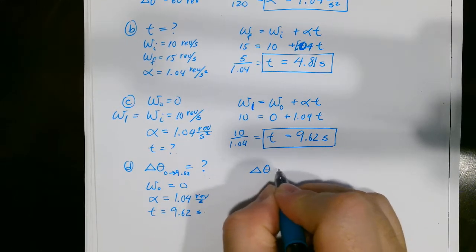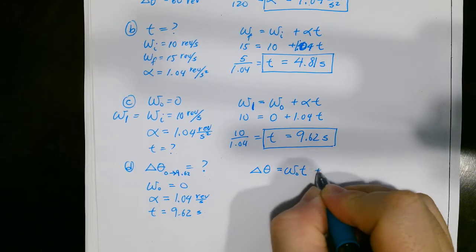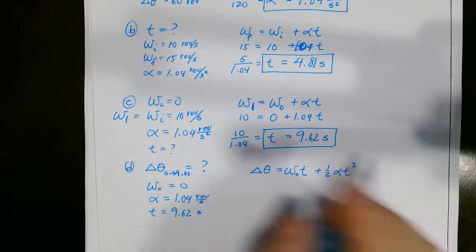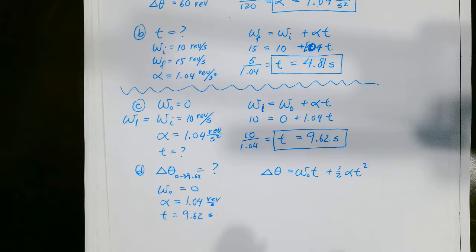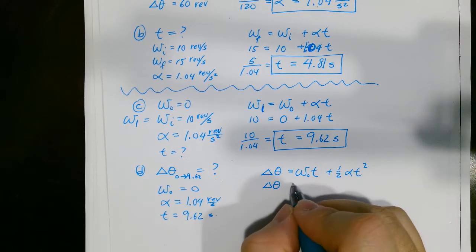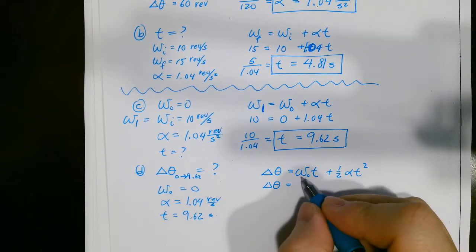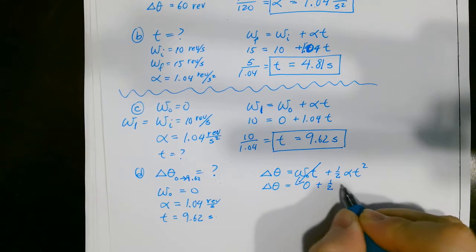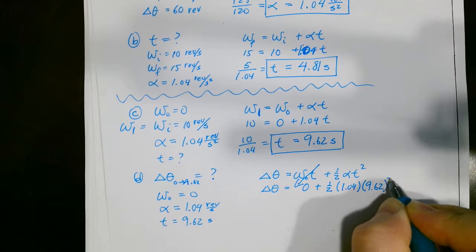So my delta theta is equal to omega naught t plus 1/2 alpha t squared. So here my delta theta is equal to omega naught, we know it's 0, so this whole term goes to 0, plus 1/2 times 1.04 times 9.62 squared.